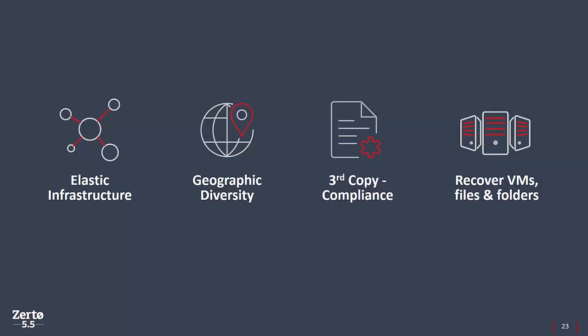Also, we all know, and everybody's read, the abilities of the hyperscalers to drive down costs, in particular around storage. So one of the great features that we've seen our customers leveraging with Azure in particular has been being able to go up there with a 30-day journal, so being able to have 30 days of history for a VM or a set of VMs, and then being able to pull back a file or a folder from that blob storage up in Azure.